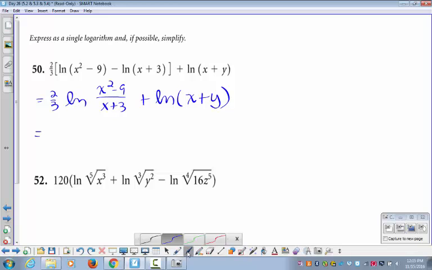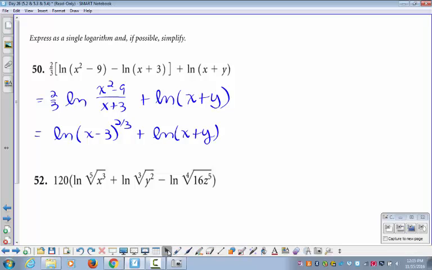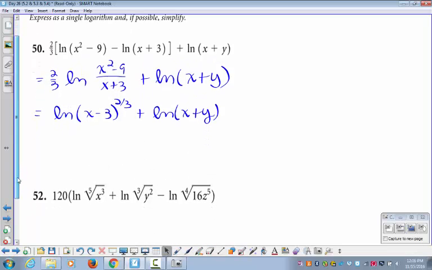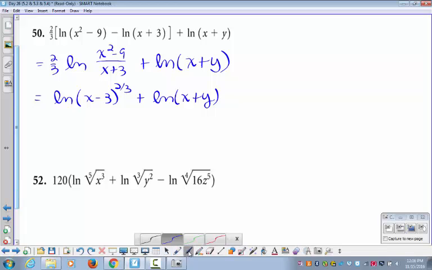That simplifies it. So then we're going to have natural log of x minus 3. Then we'll pull up the 2/3. And now we can combine that with the product rule. So that will give us natural log of x plus y times x minus 3 to the 2/3.